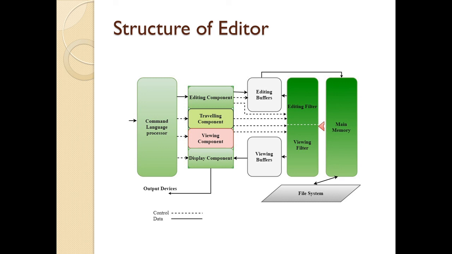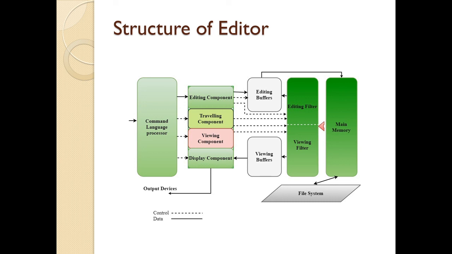Another important term connected with memory is the file system, which keeps records of all the additions that happen in a file. The traveling component is again important in this structure of an editor, because it keeps track of input data and output data.